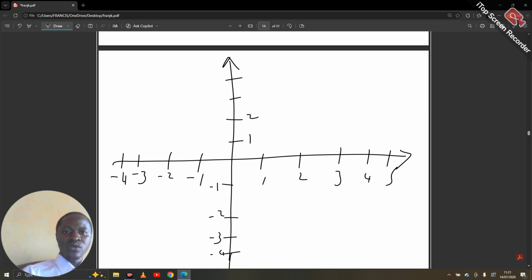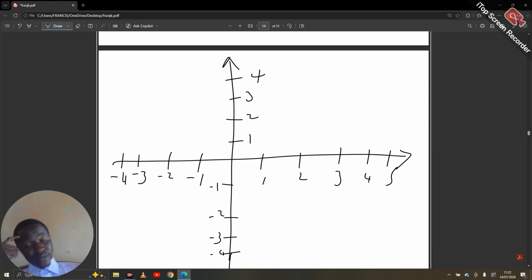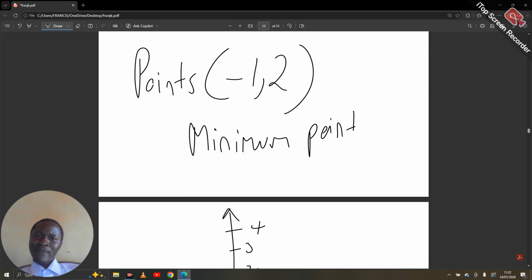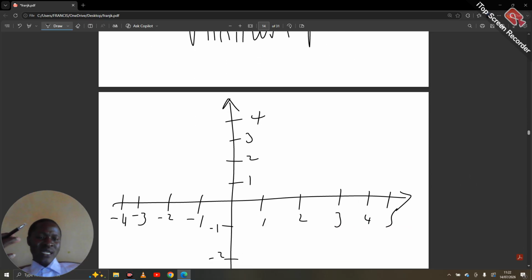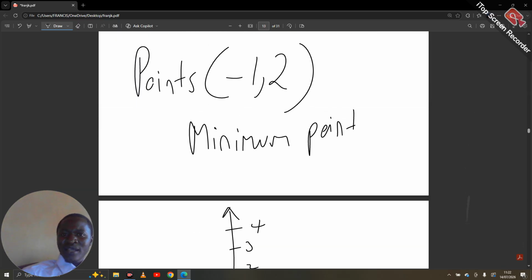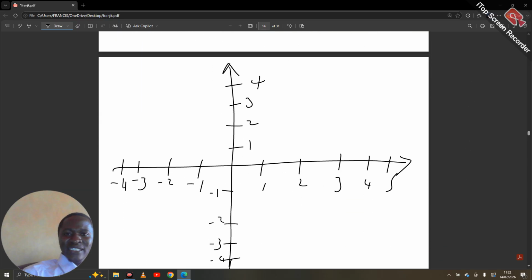Then we have 1, 2, 3, 4. Very much good. Now, let us sketch. (-1, 2) is the minimum. Something that is minimum is something that appears at the downer part. So minus 1, okay.